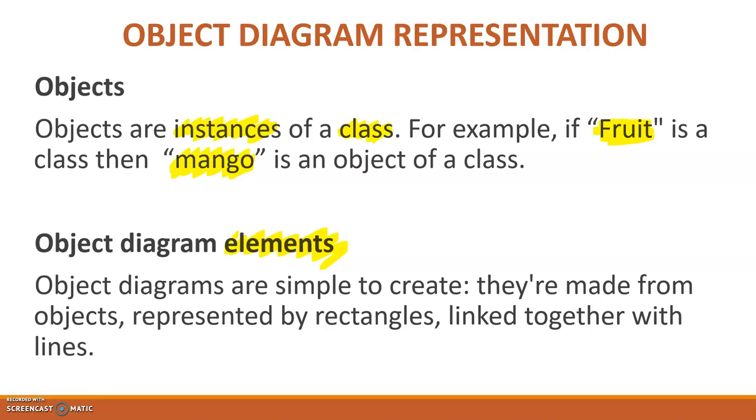In an object diagram we use rectangles and lines. Object diagrams are actually very simple, very easy to create. We use the lines to link all the objects. So let's see how to draw the object diagram.